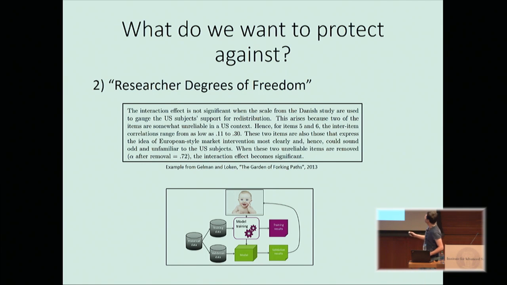But that's because questions 5 and 6 have a European market sensibility, and the Americans probably don't know what those questions mean. So after you remove those two variables and run the regression again, you find the effect. Okay, maybe that was a reasonable thing to do, but it was some variable selection procedure, and it's hard to know what they would have done had the results come out slightly differently. Okay, so we might like to handle this kind of thing as well.